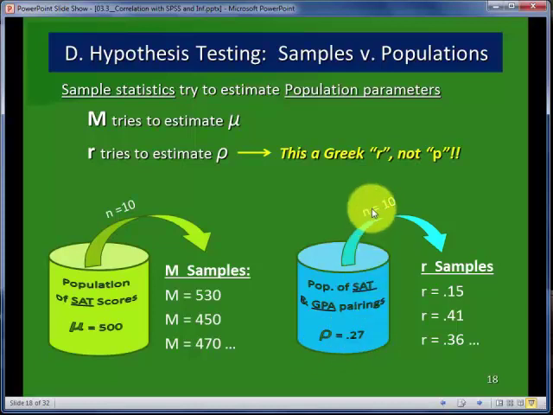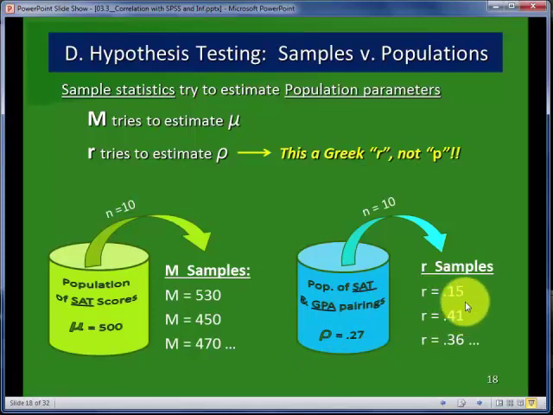But if I just have a sample of 10 people from our stats class and I look at their SAT and GPA, R could work out to be 0.15, or only 0.41, or 0.36. There's going to be some variability in these sample statistics as they try to estimate the population parameter, rho.